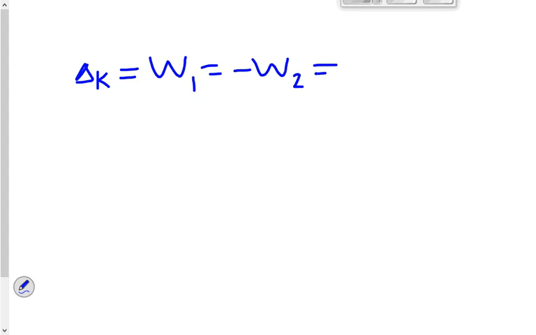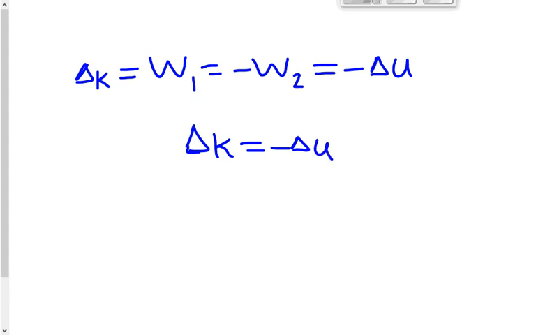But we also know that that work done is equal to the negative of the change in the potential energy. So we have this situation where all of the changes in the kinetic energy are balanced out by changes in the potential energy.